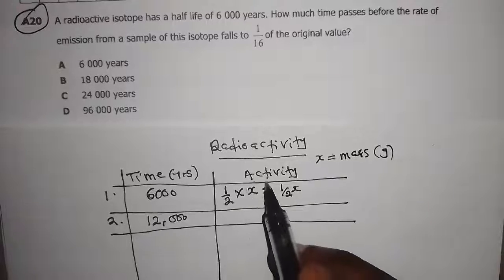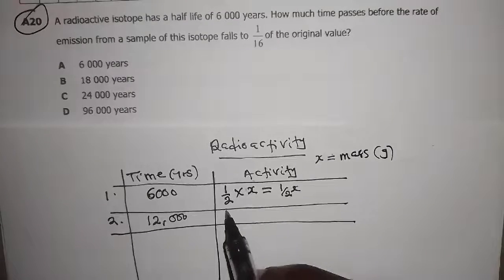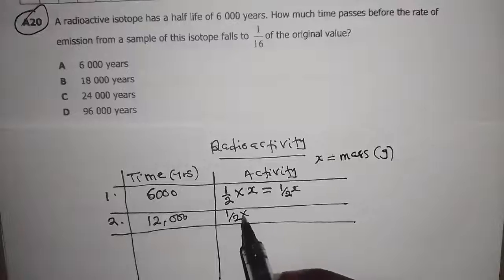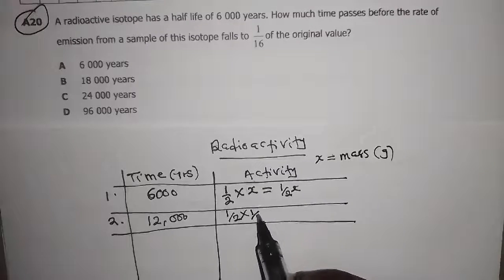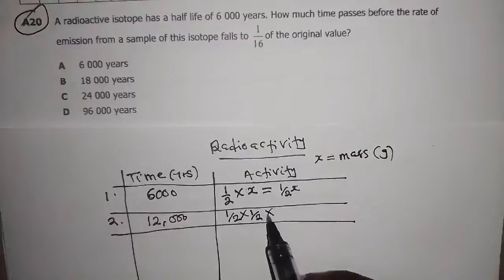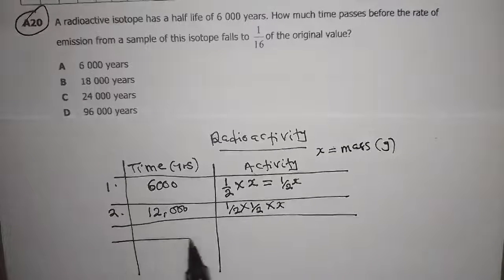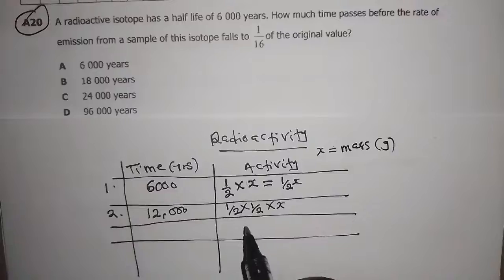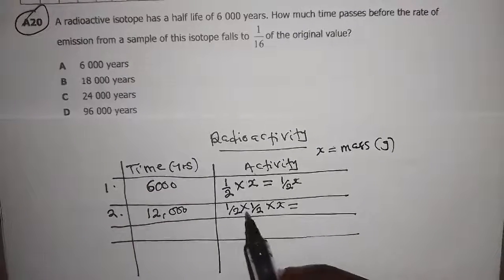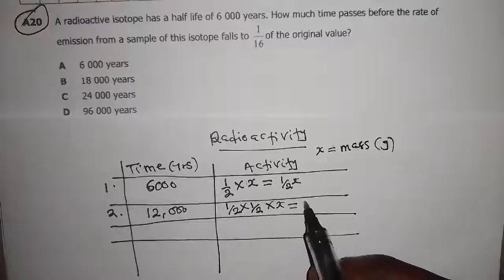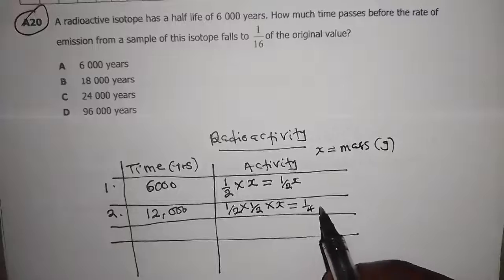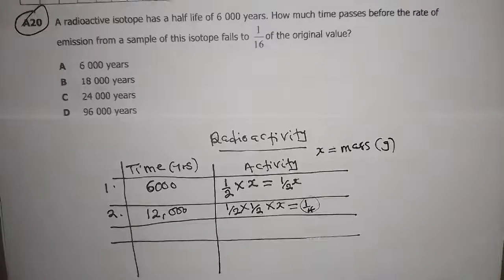And on the activity side, you now have two half-lives multiplied by the original mass. And that gives you 1 over 2 times 1 over 2, just 1 over 4.